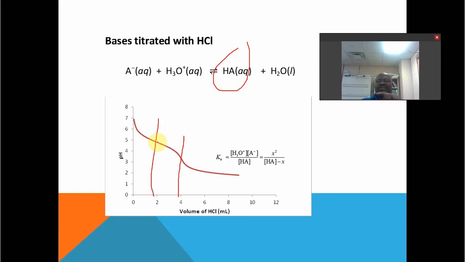And so if you apply the Henderson-Hasselbalch equation, pH is equal to pKa, not pKb, but pKa of the acid. In this particular case, the acid is whatever HA is.